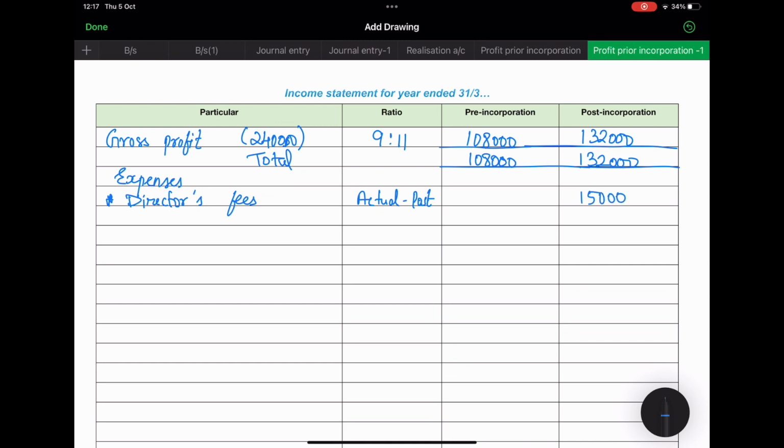15,000. Next, bad debts. We have bad debts 3,600. It will be bifurcated on the sales ratio: 3,600 into 9/20, 1,620, and 3,600 into 11/20, 1,980. This is bad debts. Next, advertisement 12,000. Time ratio.